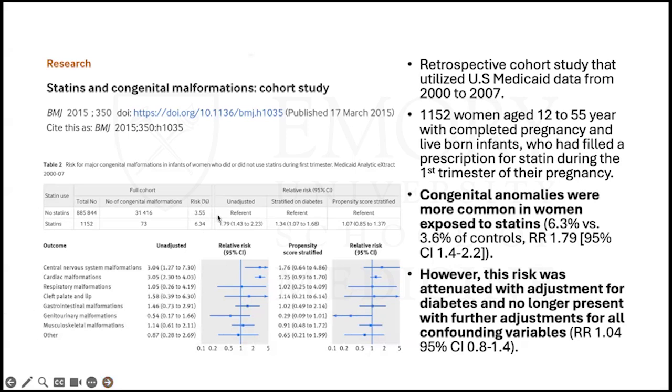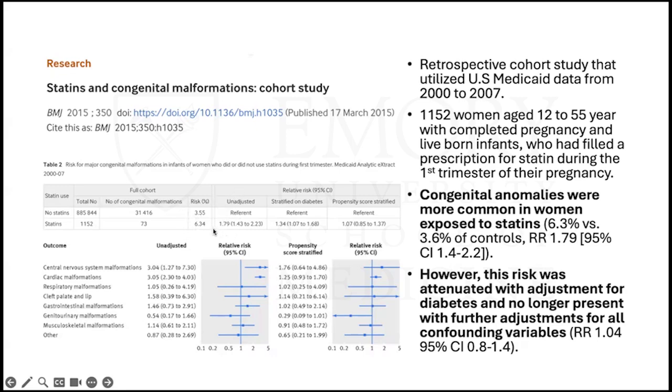If you look at this table, what they ended up finding was that congenital anomalies were more common in women exposed to statins, which we already know. In the statin exposed group, there was about 6.3% versus 3.6% in the control group in terms of the number of congenital malformations seen.